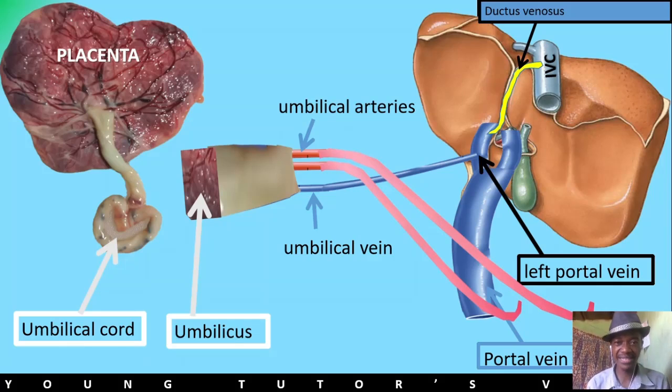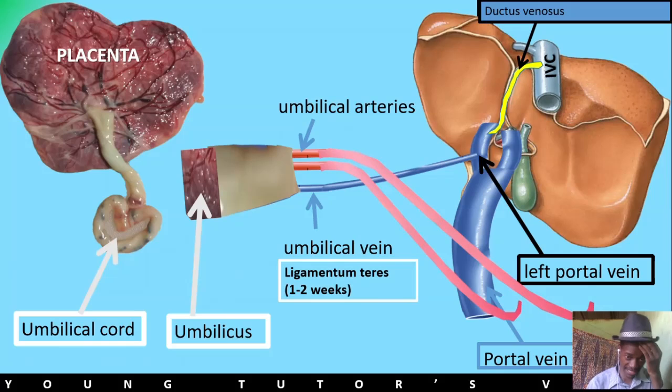It will lose its fibrinogen, and then the fibrinogen will be replaced by collagen and other fibrous tissues, so that the umbilical vein can now become a ligament. It will become what we call the ligamentum teres. The complete change of the umbilical vein to become the ligamentum teres takes just 1 to 2 weeks after birth.